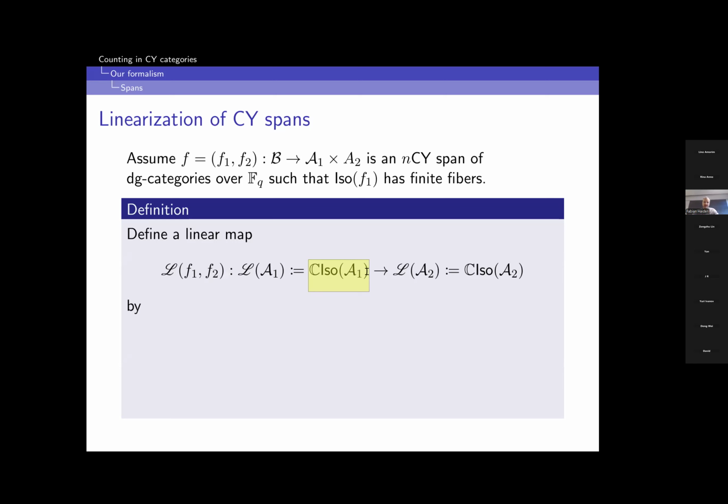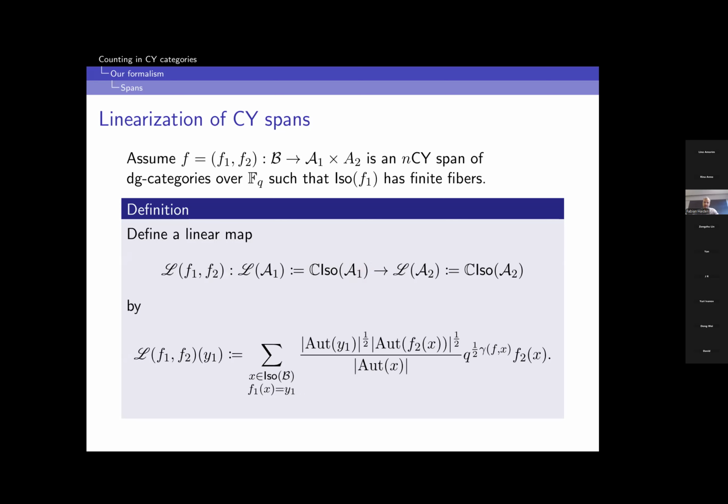So this is an inner product space, and therefore, instead of a functional on the space of functions on A1 cross A2, using duality I can trade it in and get a linear map from the functions on isomorphism classes of objects of A1 to the functions on isomorphism classes for the category A2. The formula is basically determined by what I said: take the previous formula and apply duality in one of the factors.